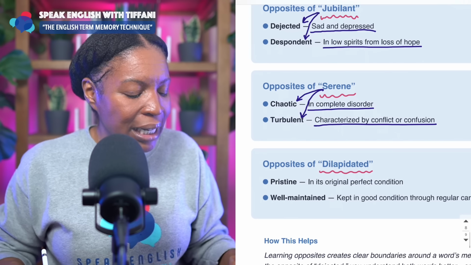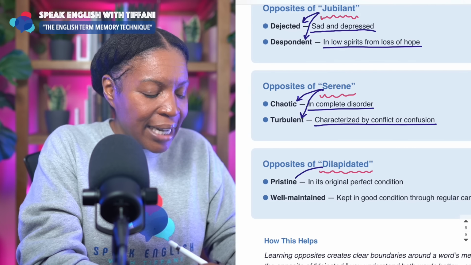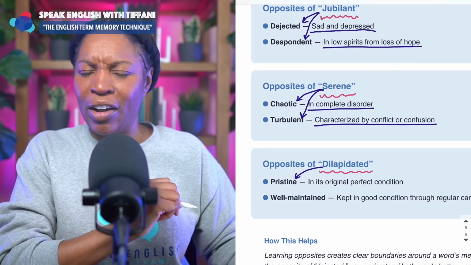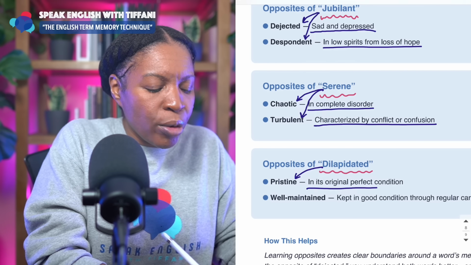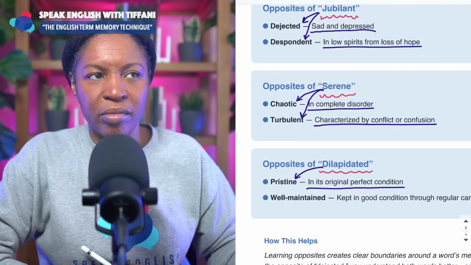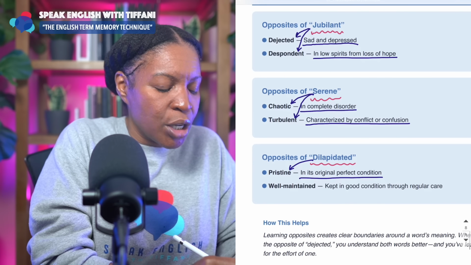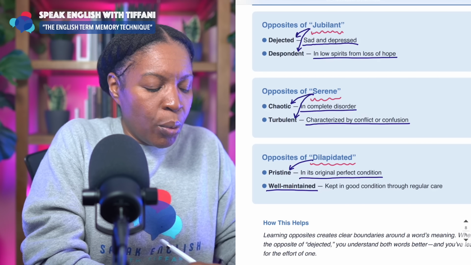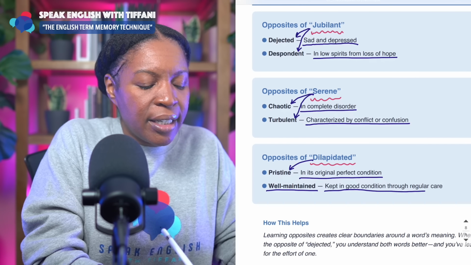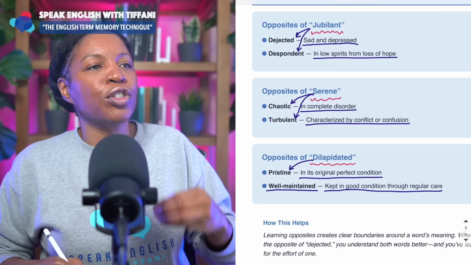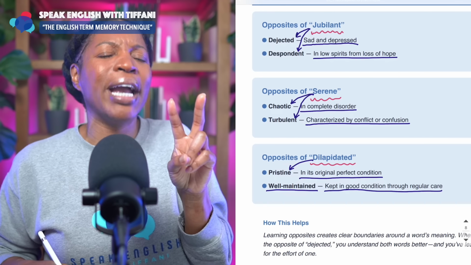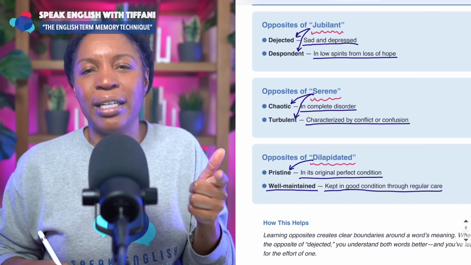And finally, for dilapidated, our first antonym is pristine, which means in its original perfect condition. And our second antonym is well-maintained, which means kept in good condition through regular care. So for dilapidated, we have 2 antonyms, pristine and well-maintained.